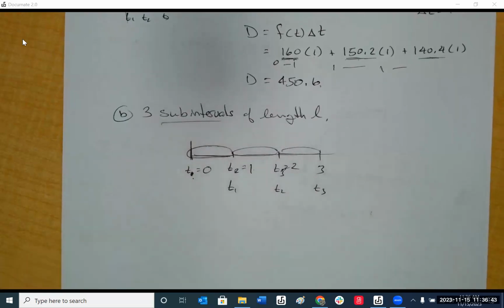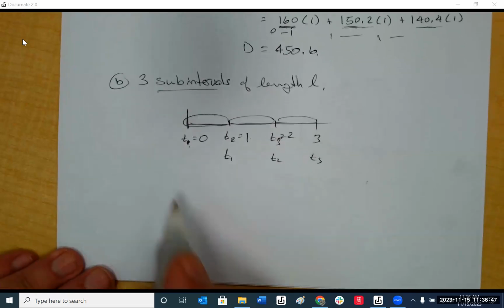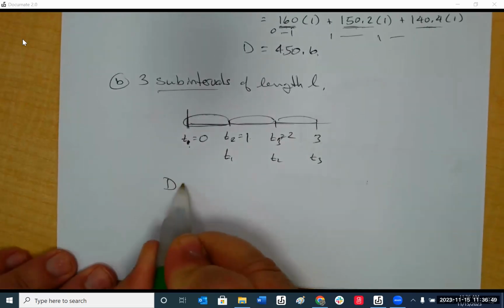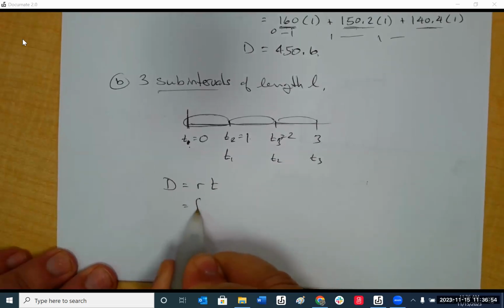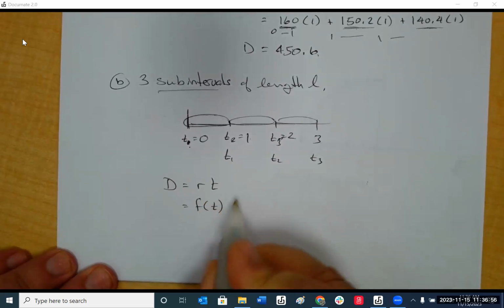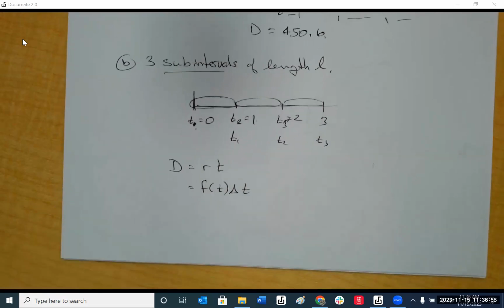But now we're looking at the 3 subintervals. The distance here, remember, is still rate times time, so it's still going to be the function times delta T. Now, how does this one change?